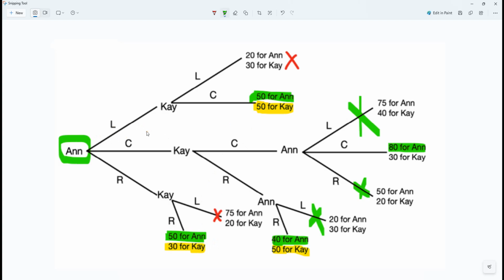And if Ann is doing what's best for Ann, it depends on how Ann feels about K, because if Ann goes left, then K is equally well off. But Ann does better, so Ann could go left and hook up K and get 50, or Ann could go right and take 50 for themselves, and then K only gets 30. So either one would be a possible Nash equilibria.